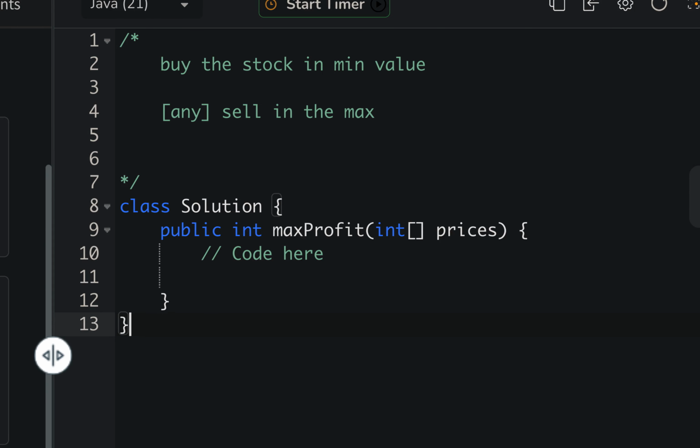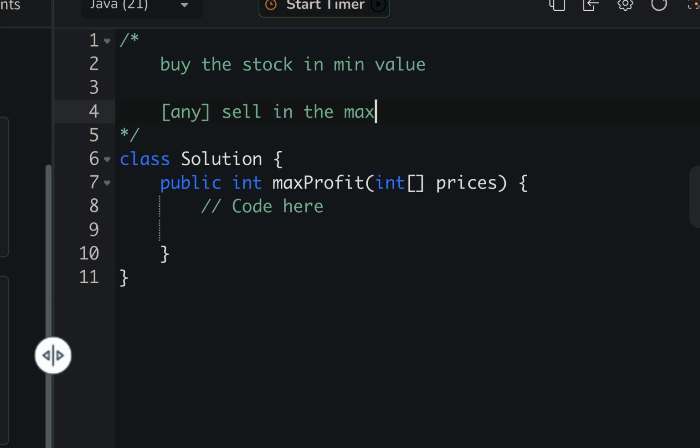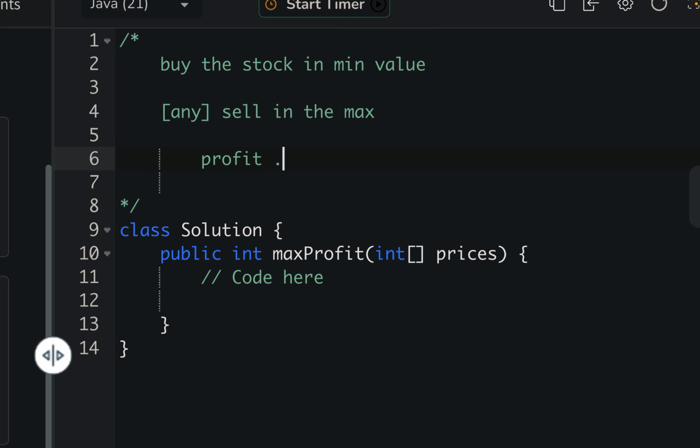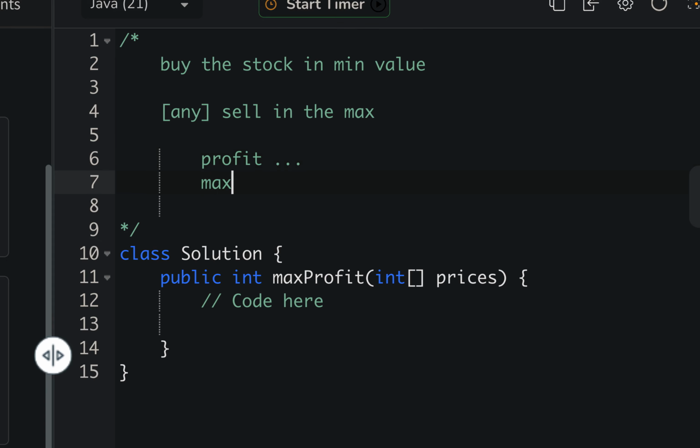Any sell can be a maximum means what? I do not know what can happen tomorrow, so I can assume that if I sold at this point, then I can get a current profit, and based on a bunch of profits I can consider a maximum profit from this, and that is what we are asked to find, the maximum profit.